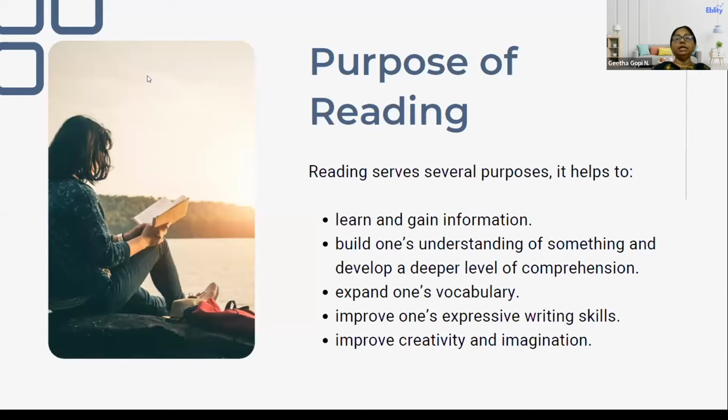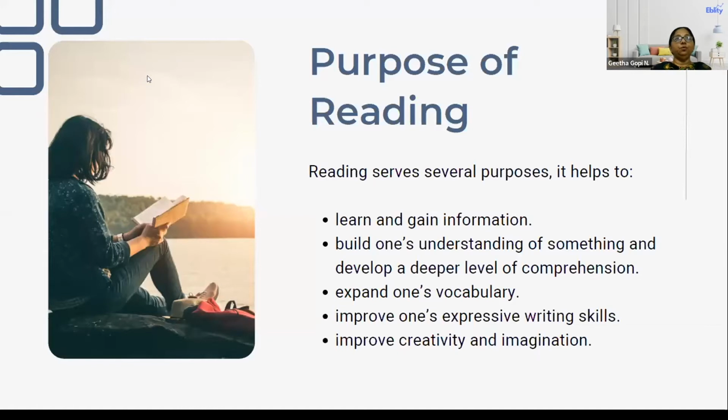So it helps to develop a better level of understanding or comprehension. It helps to expand one's vocabulary, or what we call the word pool, to use better, more appropriate words in given situations. It helps to improve one's written expression or expressive writing skills.